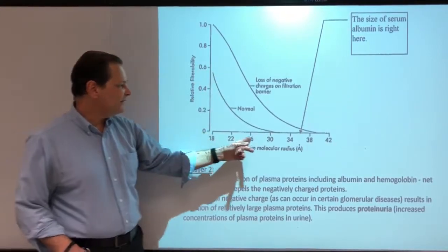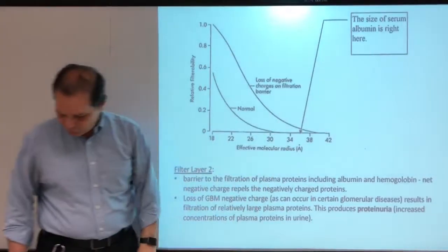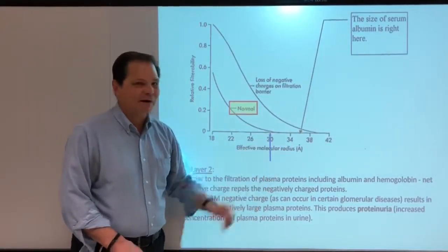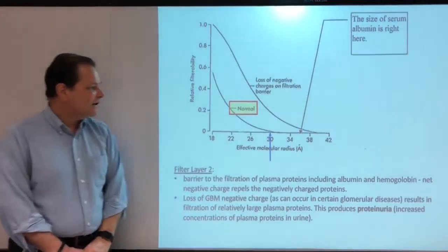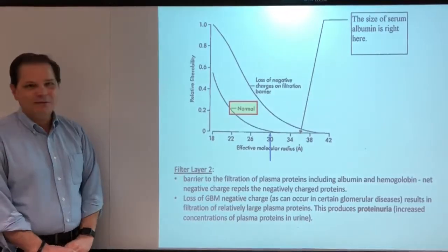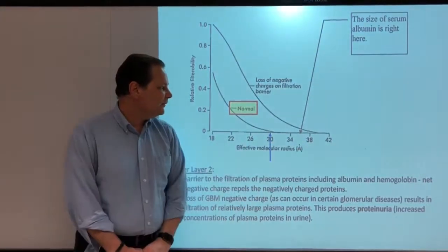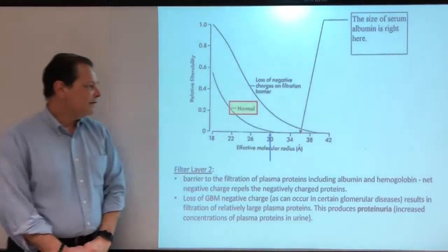But as you increase the size, less and less protein gets through, and you get to about this 30 angstrom point, and pretty much no proteins are going to get through anything bigger than that, okay? So for instance, you'll be excluding albumin by doing that.